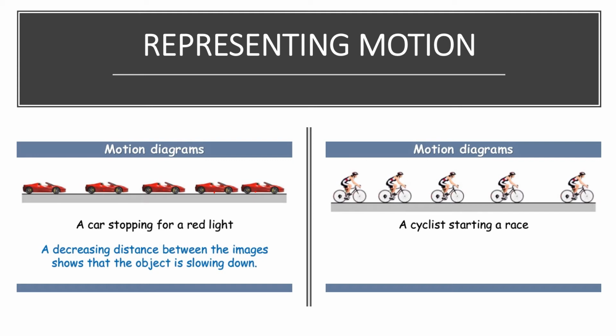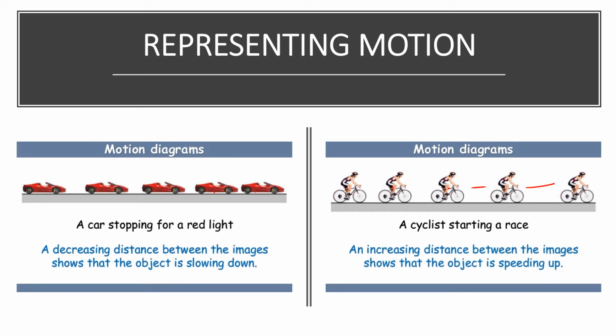If a cyclist starts a race, it's the opposite, because you can tell they're slowly going faster since the distance in between each is increasing. At each second, or each time frame, this cyclist is starting off slow, and then eventually they're speeding up, shown by the increasing distance.